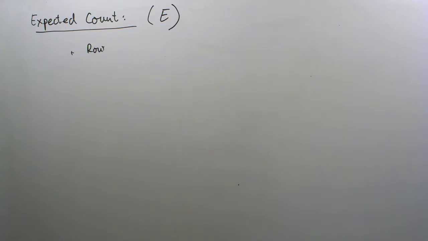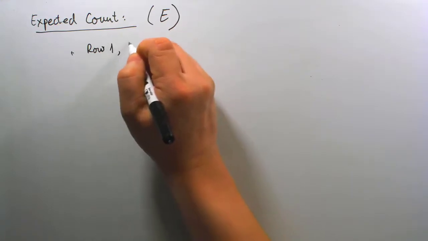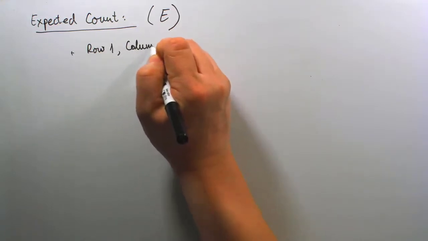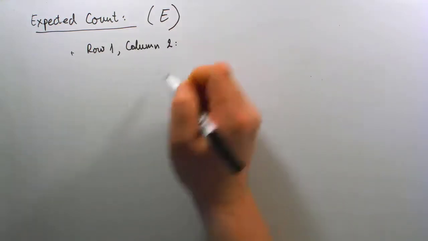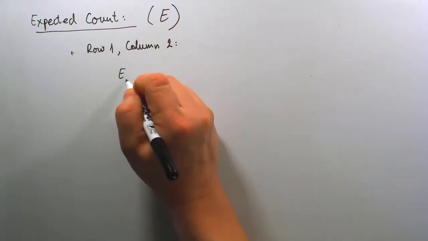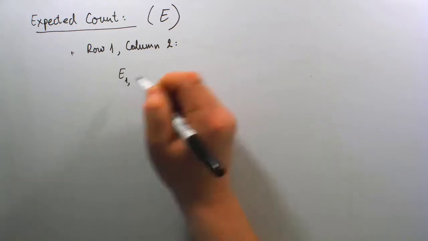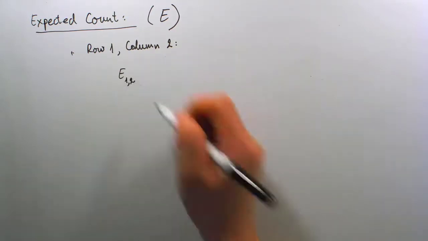So now on my board, row 1, column 2, the expected count is a capital letter E. Row 1 is the first subscript 1 in a pair, and column 2 is the second one in the subscript pair.